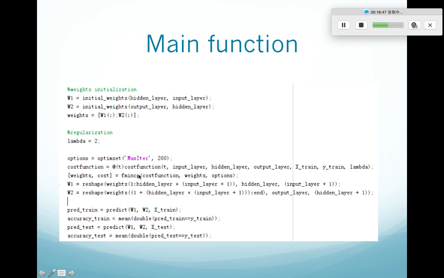And this FMINCG is the optimization function. Then I predict the results and calculate the accuracy.